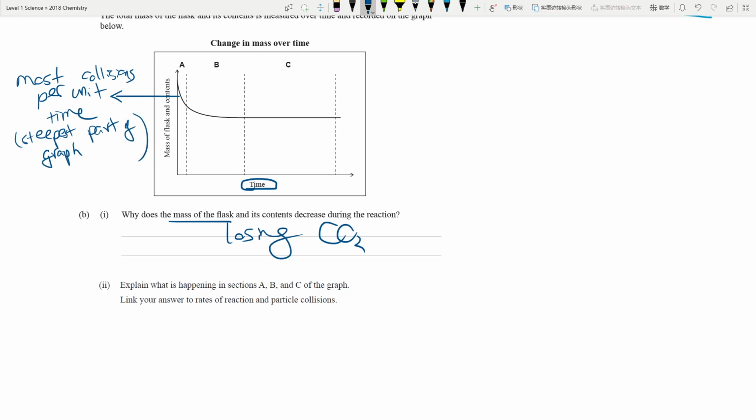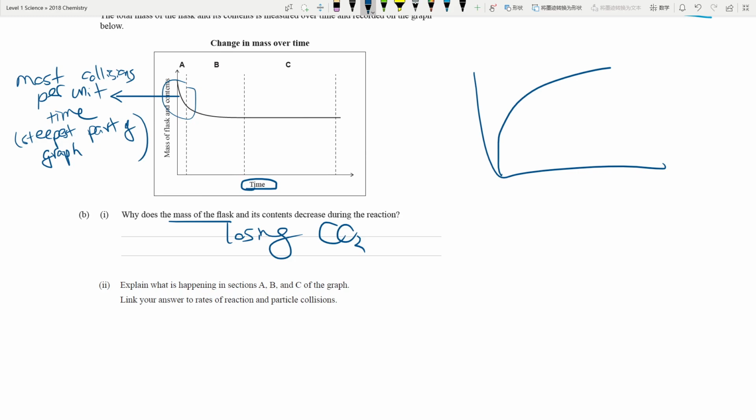It's a little bit weird because normally we do it like this, and now they did it the other way because they're trying to see if you understand. Think about this: the faster you react, the quicker you lose the CO2. So they're just showing you, look at how steep this is. This is just telling you that I'm losing the CO2 really quick. That suggests a really high rate of reaction.